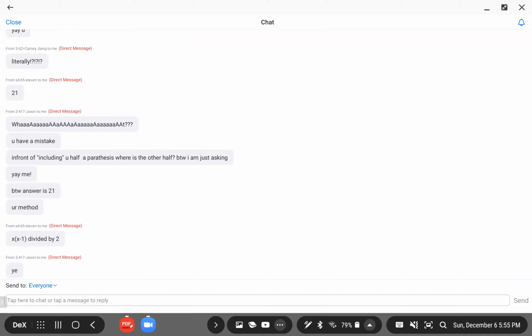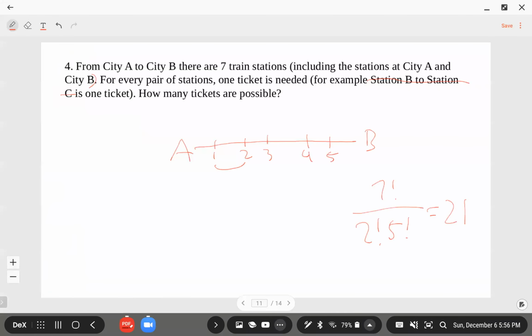And x times x minus 1 divided by 2. Stephen, very good. You used another method. And as I said, there are two methods, and Stephen's method is the second method.